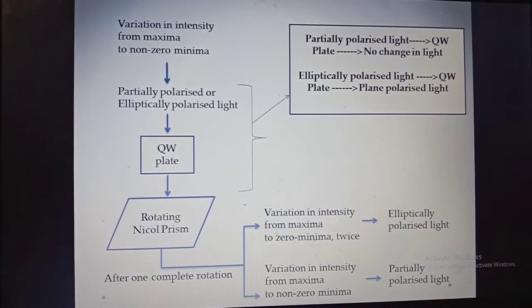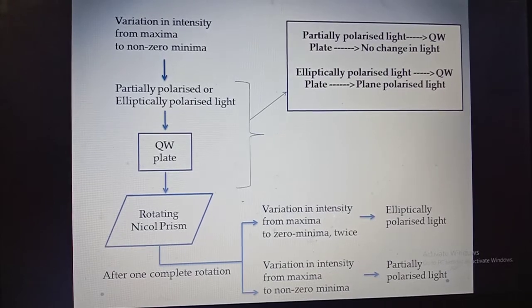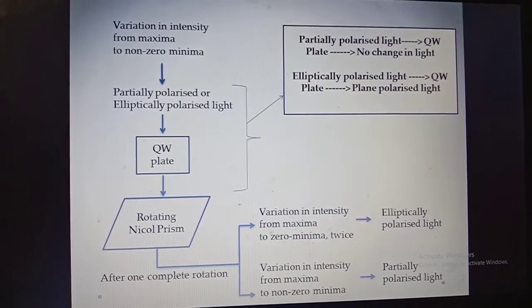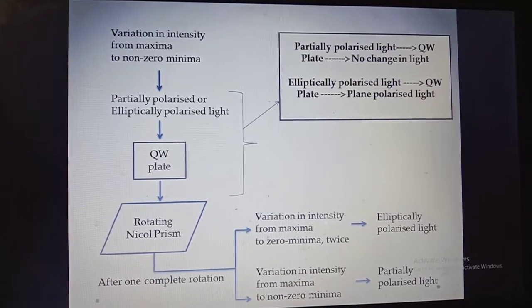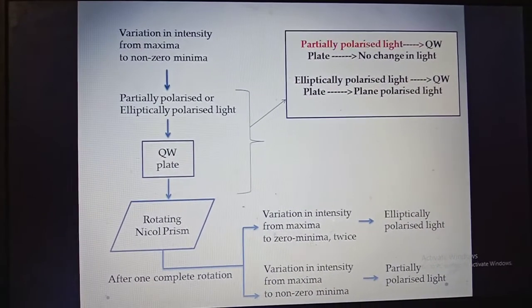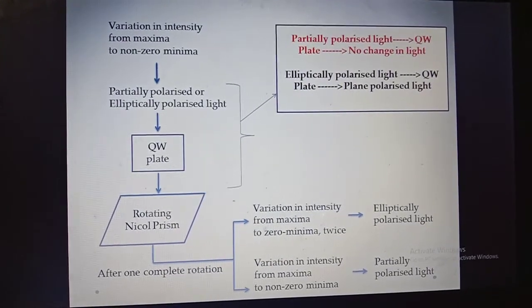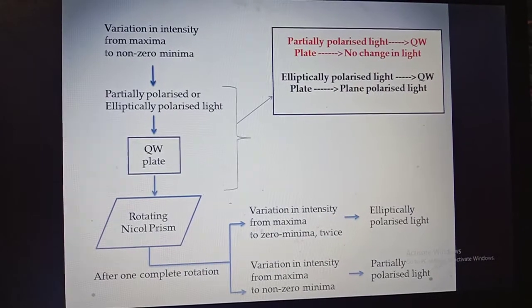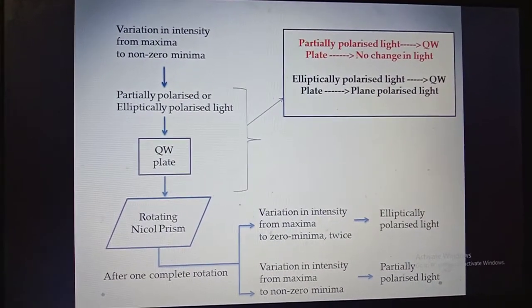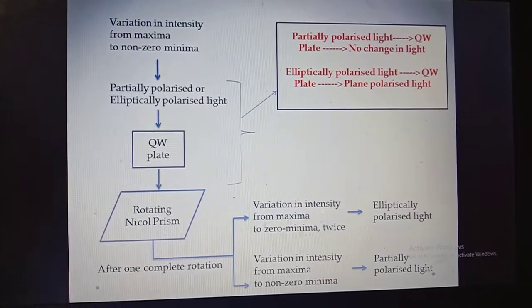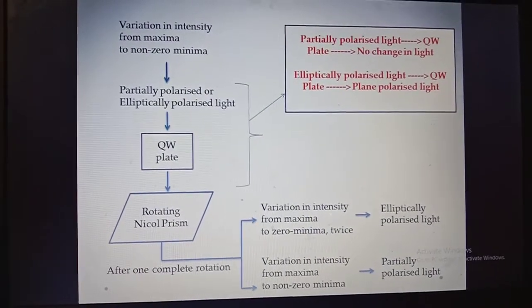So to find the exact type of the unknown light, we incident this light into the quarter wave plate. If the incident light is partially polarized light, when it passes through the quarter wave plate, there is no change in the light. And if the incident light is elliptically polarized light, when this light passes through the quarter wave plate, it is converted into plane polarized light.